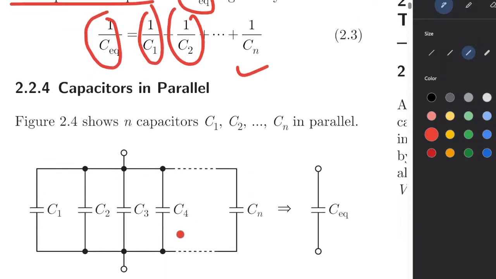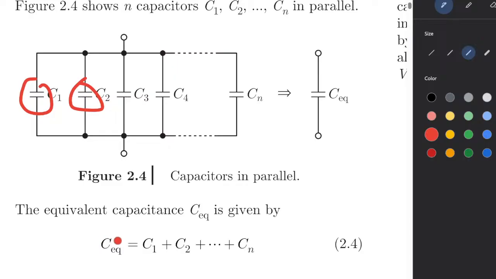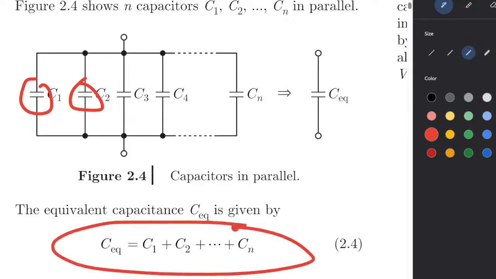If capacitors are connected in parallel form, the C equivalent changes: it becomes C1 plus C2 plus C3 plus C4 plus C5, like this. In parallel we simply add.